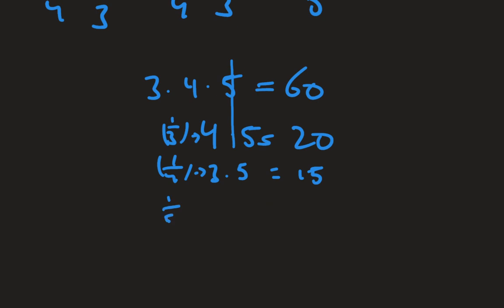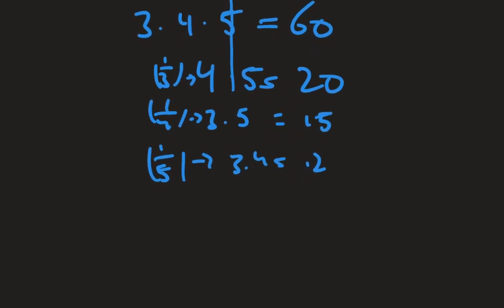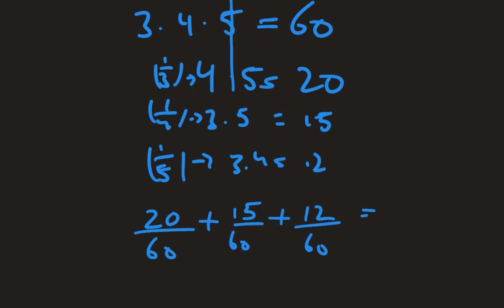And then the 1/5 would get 3 times 4, which is 12. And then we get 20 over 60 plus 15 over 60 plus 12 over 60. And that's 47 over 60.